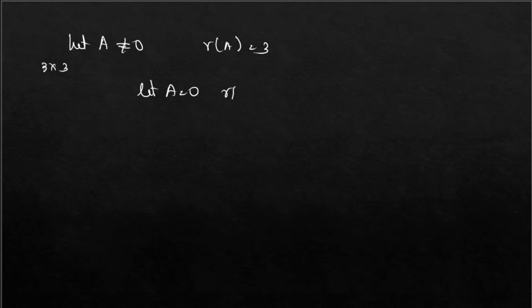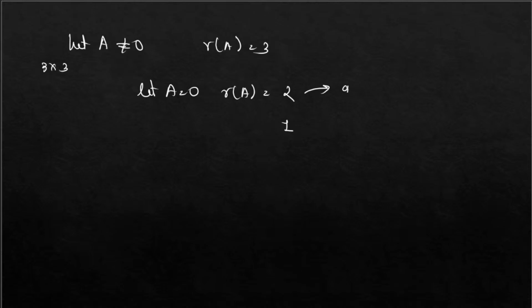So let A not equal 0 and it is a 3 cross 3 matrix. If it is a 3 cross 3 matrix and the determinant is not equal to 0, then the rank of the matrix is equal to 3. But if the determinant of A is 0, then the rank will be either 2 or 1.